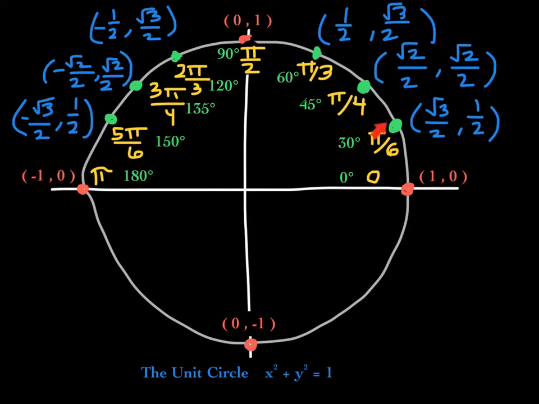It's the opposite thereof. So instead of positive root 3 over 2, it's negative root 3 over 2. And that's true for all these points. Look, the x-coordinate changes to its opposite, positive root 2 over 2 to negative root 2 over 2, while the y-coordinate stays the same. And the same is true for each point. That's because of symmetry across the y-axis.